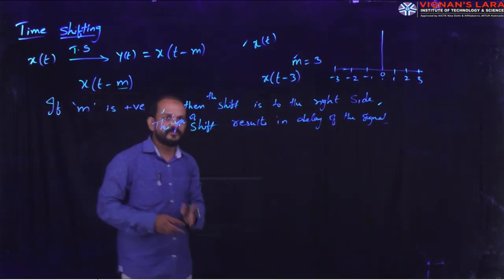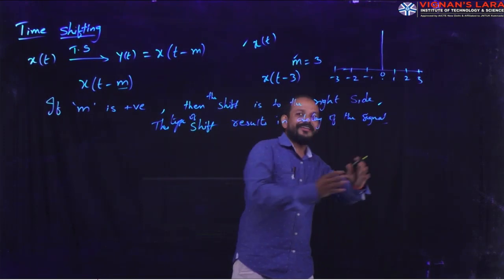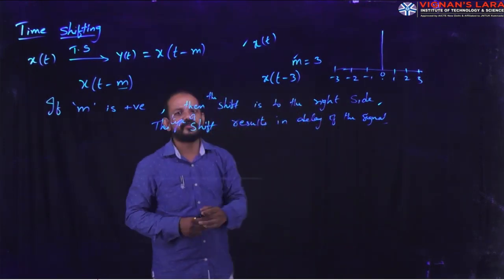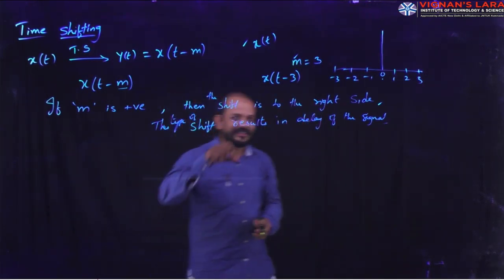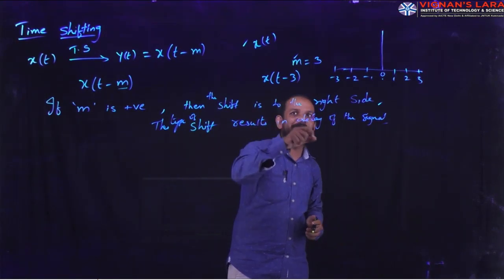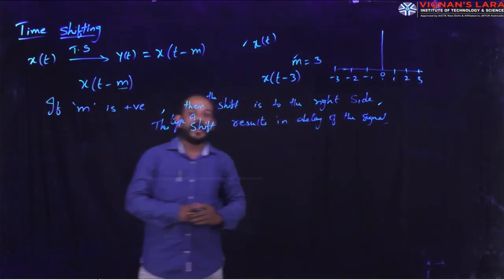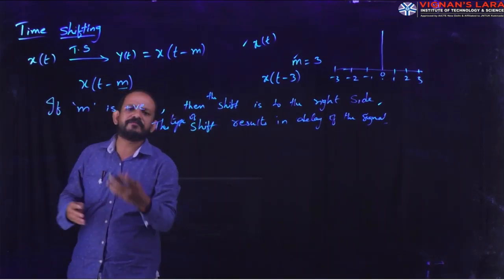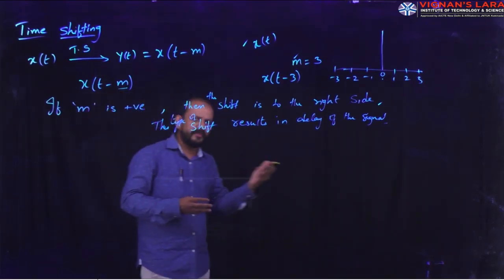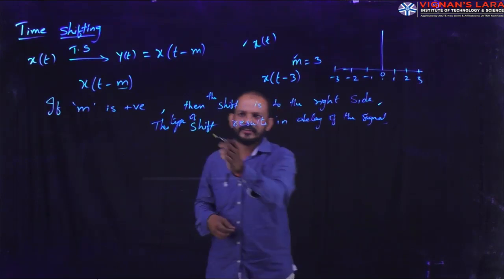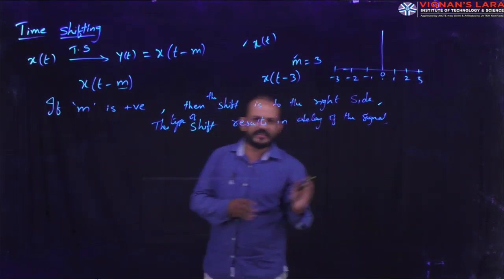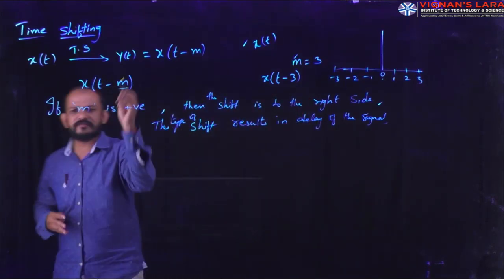If m is positive, then the shift is to the right side, and this type of shift will result in delay of the signal. That is, the signal is delayed by m seconds, or m units.